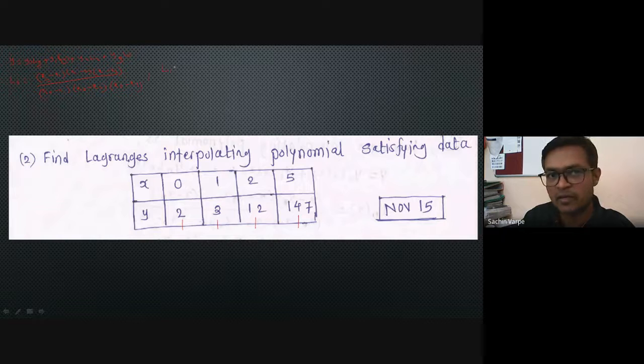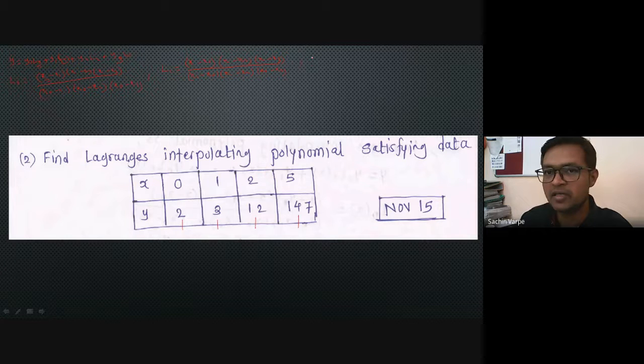L1 will be x minus x0, we skip x minus x1, so x minus x2, x minus x3, and then x will be replaced by x1, so x1 minus x0, x1 minus x2, and x1 minus x3.